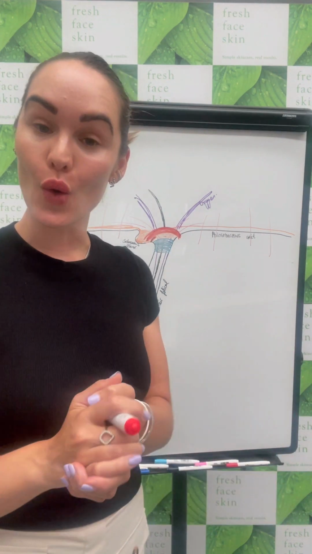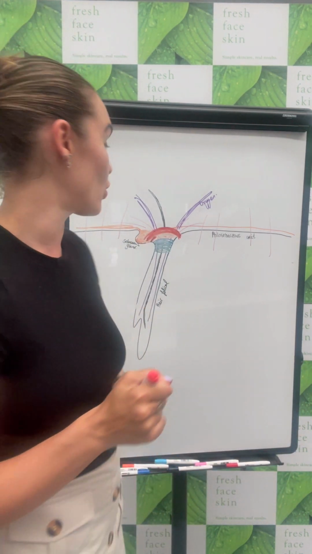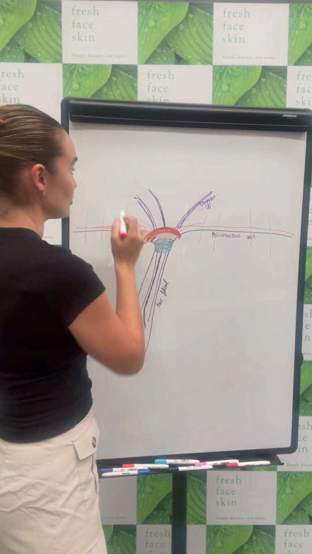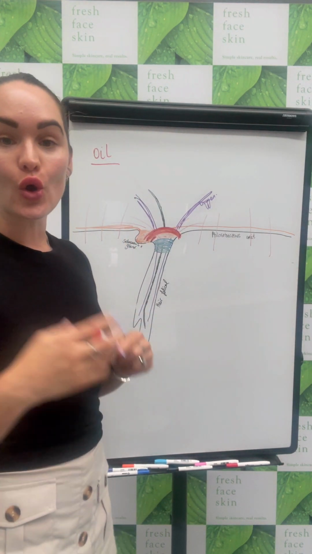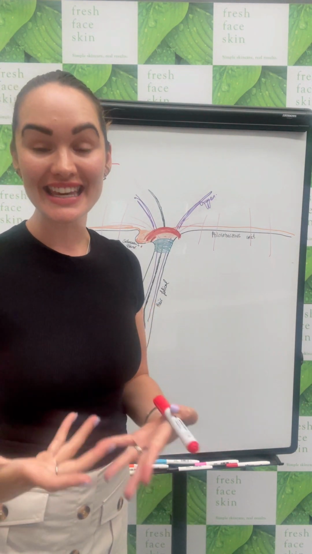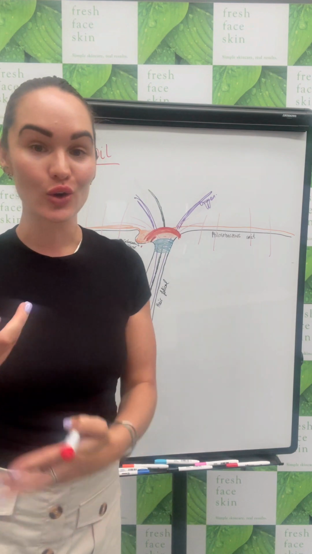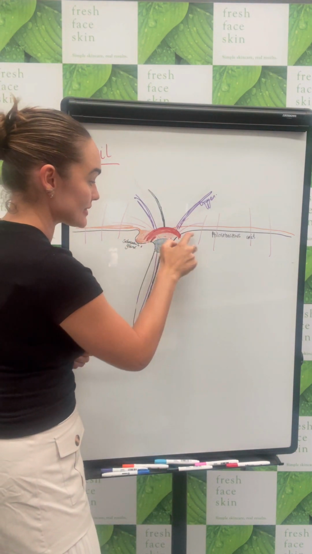So, why are breakouts formed in the first place? Well, first and most important is our oil. So, oil consistency. If your oil consistency is not water-like and is thick and gluggy and honey or cottage cheese-like, it cannot come out of the skin the way it's designed to.